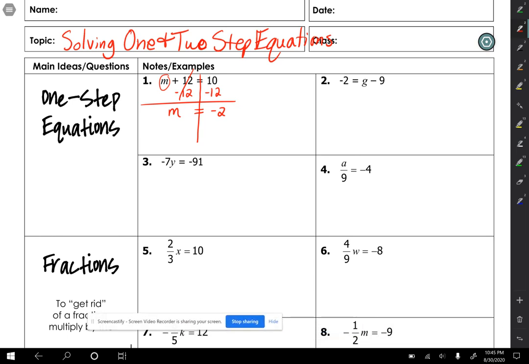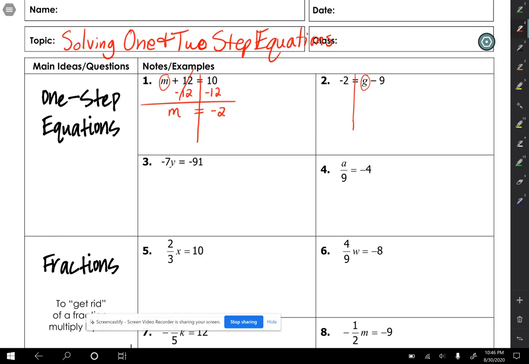So over here on number 2, same thing. I'm going to draw my line straight down my equal sign. And it says negative 2 equals g minus 9. Well, g is what I want to be by itself, and attached to this g is a minus 9.